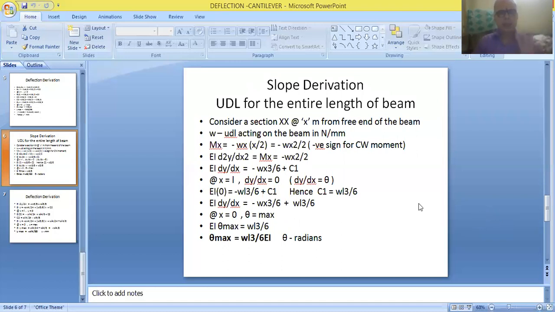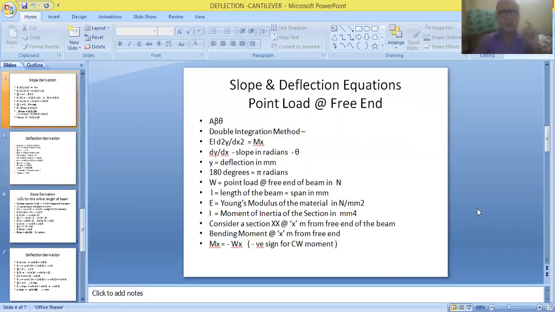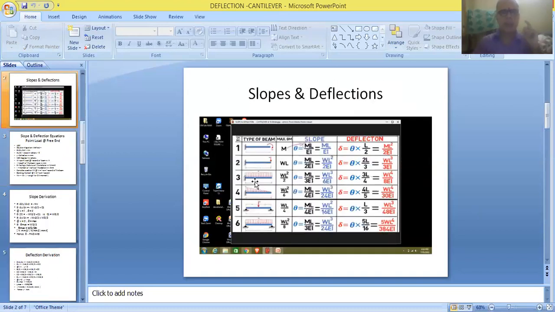So friends, these are the last two slides. We have to talk about the slope formula for UDL acting on the entire length of the beam. You have to take the third point in the table. This is the UDL acting for the entire length of the beam.